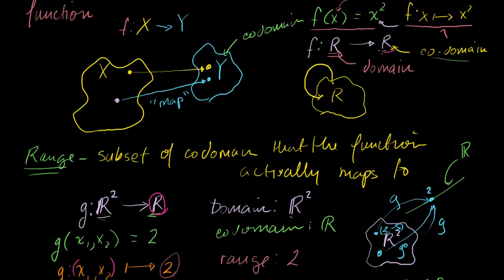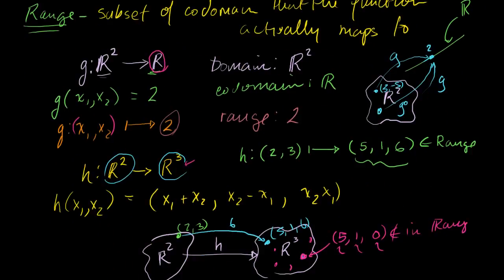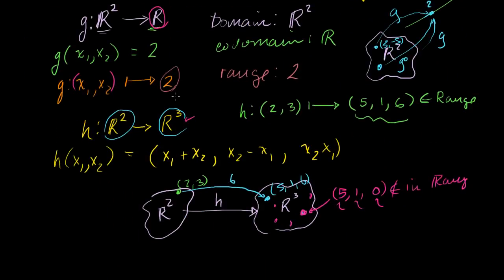These functions that map to R, a one-dimensional space, we call a scalar valued function or a real valued function, which is pretty much all of the functions that you've probably dealt with up to this point in your mathematical career, unless you've taken some vector calculus.